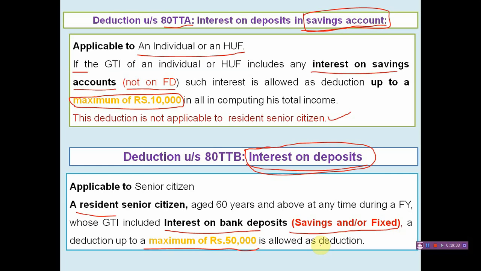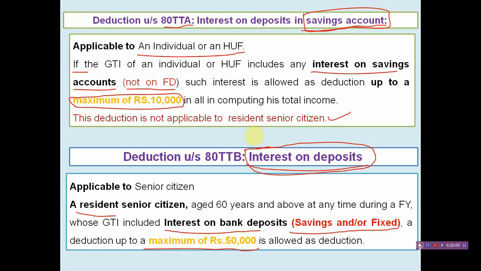And one more important point I would like to clear here, that interest on post office savings bank deposit is also not covered under this. Interest on post office savings bank account is exempt. For individual account, up to rupees 3,500 is exempt, not included in the gross total income.